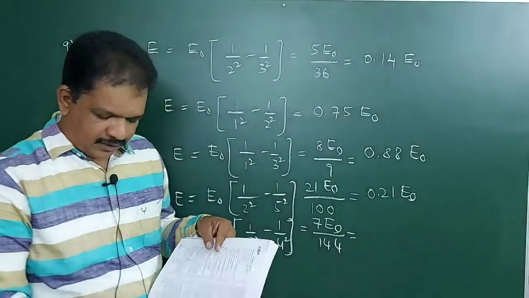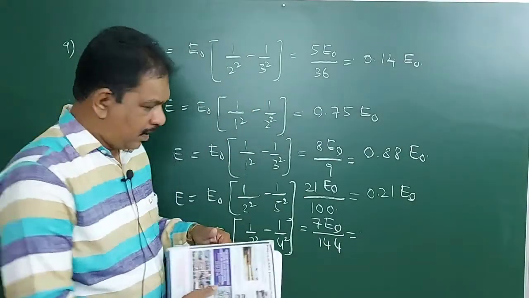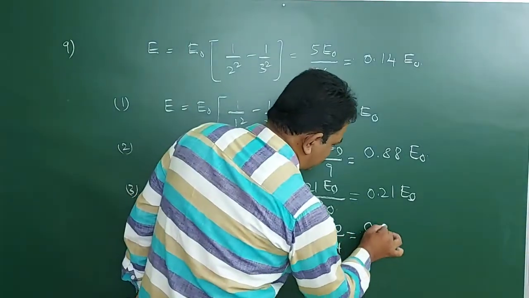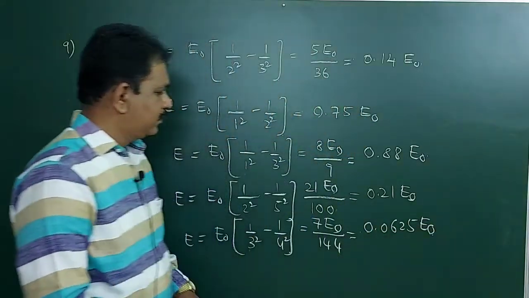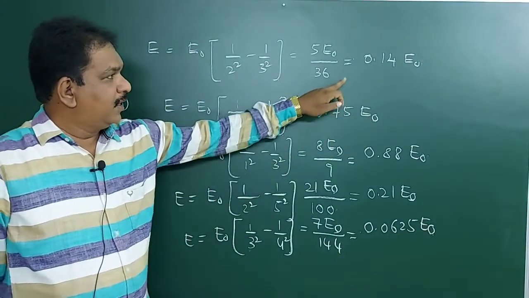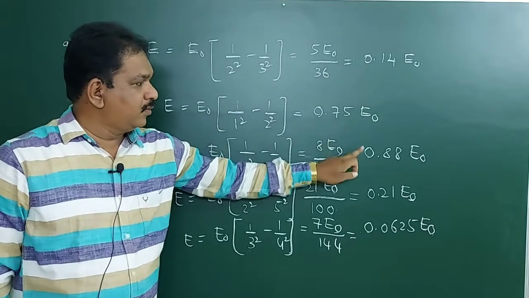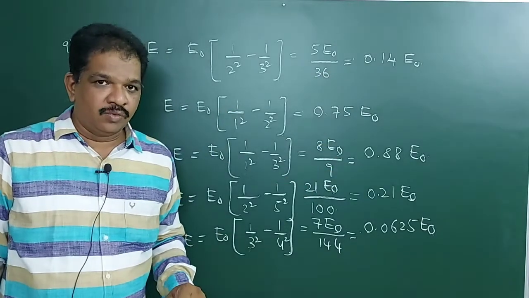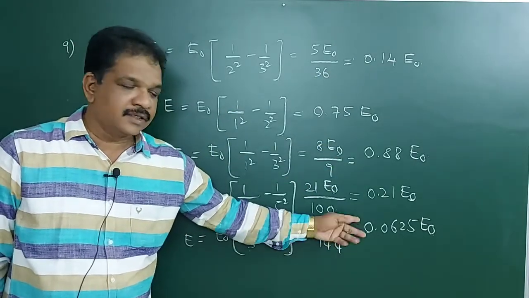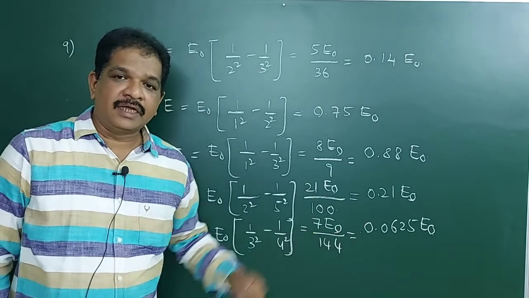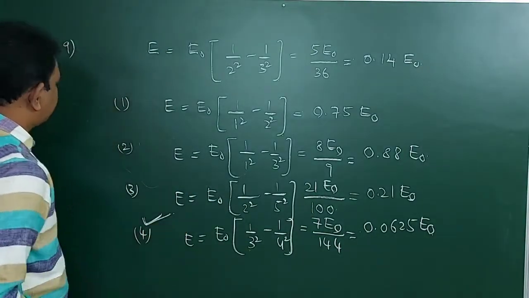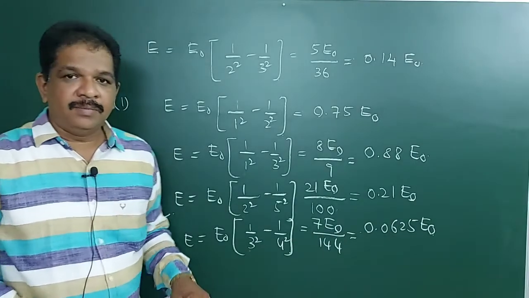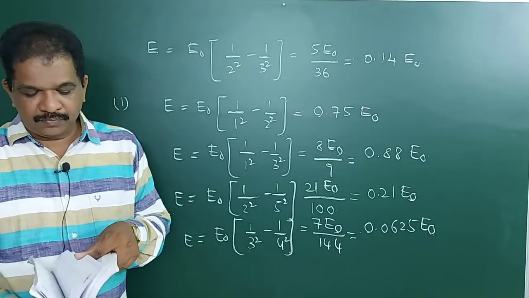If we calculate this value, it is 0.0625E₀. See, observe. When comparing to this value, these three values are more and this is less. So this energy cannot produce the photoelectric effect. So the answer will be the fourth option.